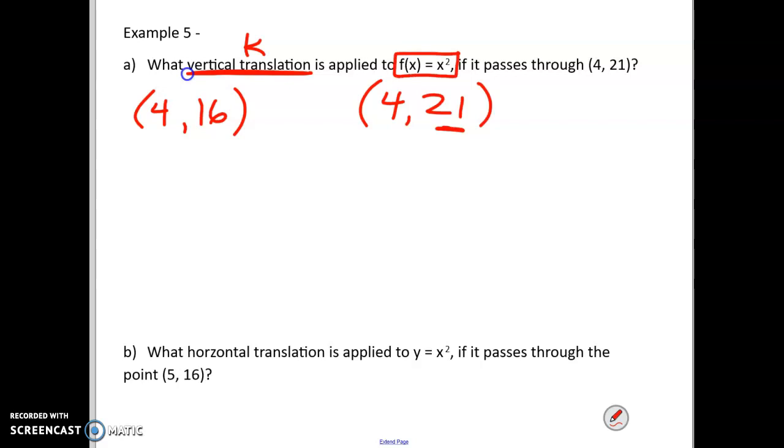So if I started with an x value of 4, the y value would have been 16. So what did my y value change by to get to 21? 5. Up or down? Oh, it moved up 5. So that means, if you think about this in mapping notation, the x value stayed the same, but the y value moved up 5. So the vertical translation was that the y moved up 5.